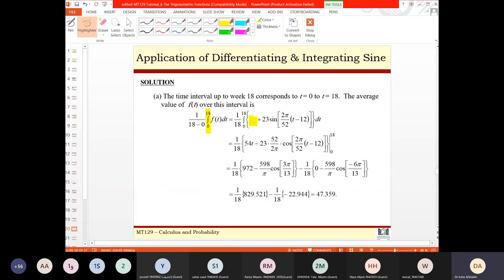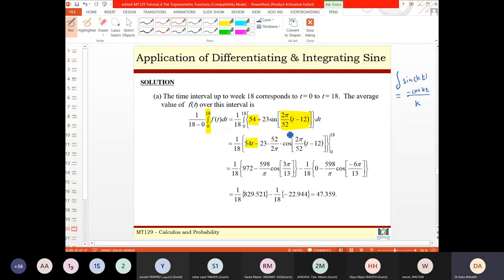The integration of 54 is 54t. And the integration of the sine of 2 pi over 52. Remember what we said: if I have the integration of sine of kt, the integration is minus cosine kt over k.